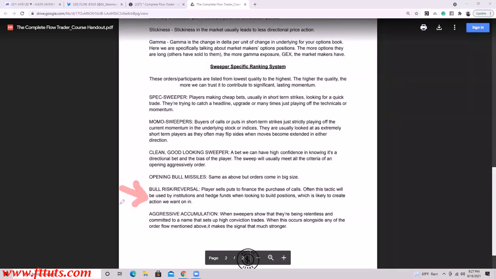And this, if you're playing off momo sweepers and the momentum dries up or turns, you've got to be ready to act. This is not, like we were saying earlier, a substantial bet on the name. They're rolling the dice, playing off the juice.